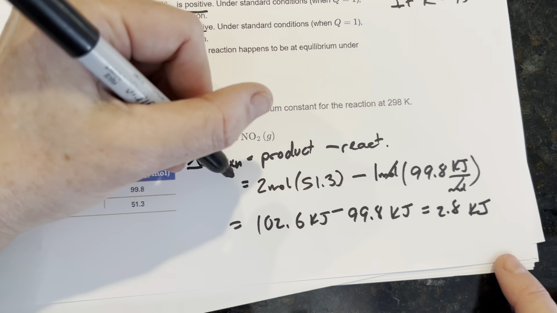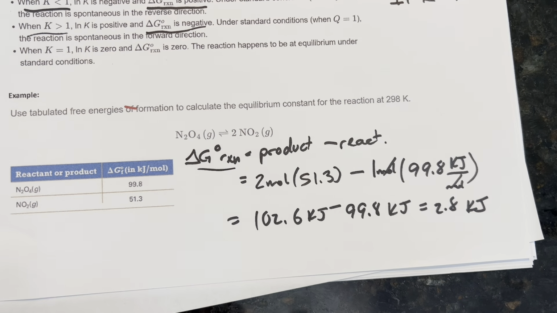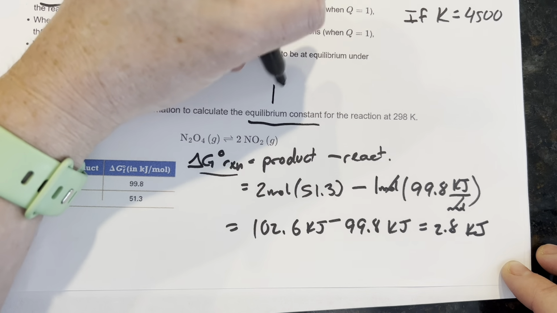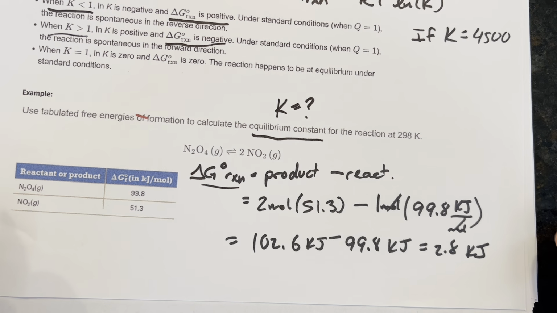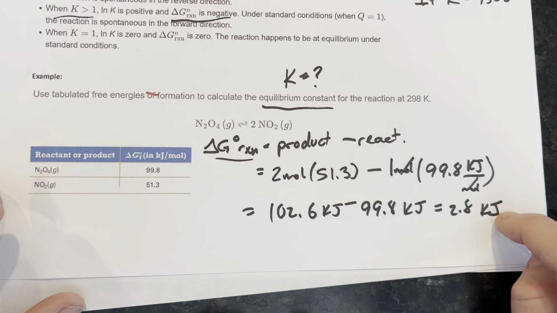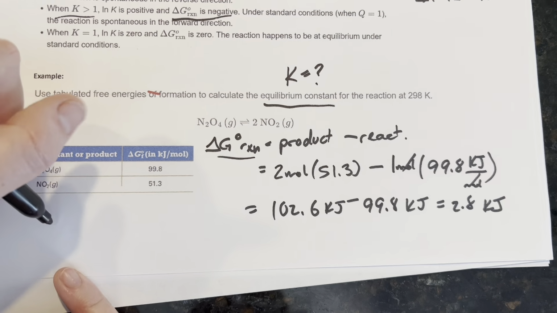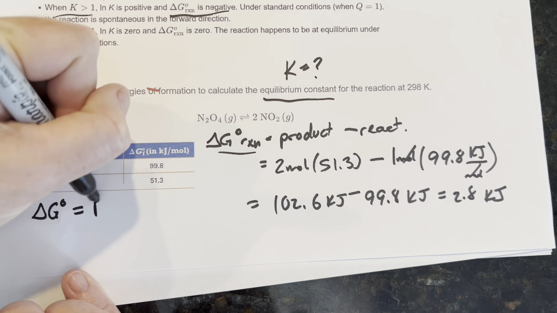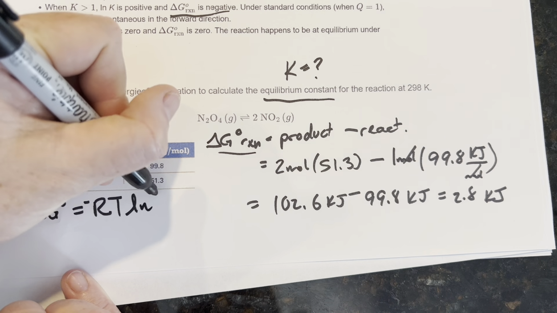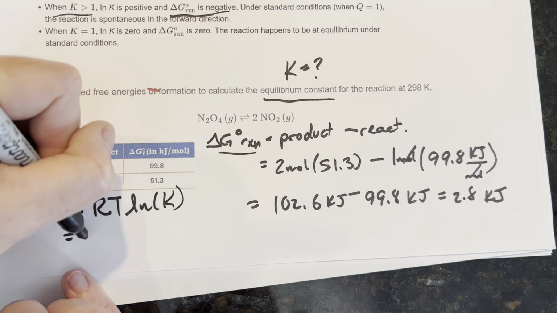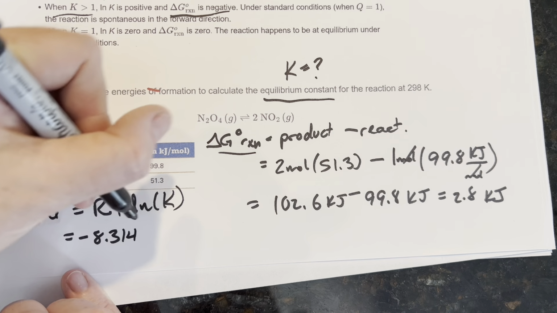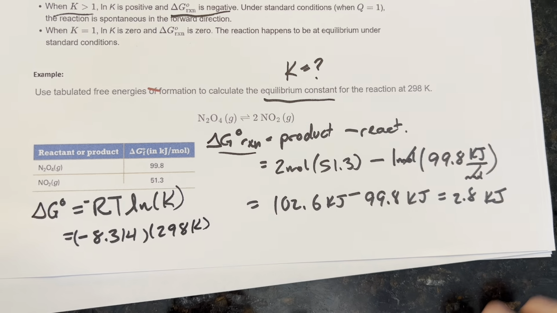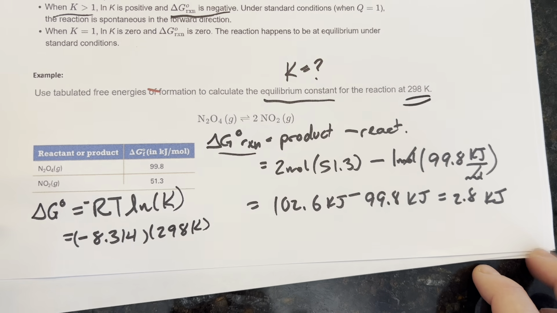And to remind you, we just calculated the delta G of the reaction. But that's not what it asked us to do. It asked us to calculate the equilibrium constant, so we're looking for K. That's okay, because we have the delta G, and we know how delta G relates to K. We know that this delta G equals negative RT ln K. In other words, negative 8.314 times 298 K. How do we know it was 298? It's because it told us.